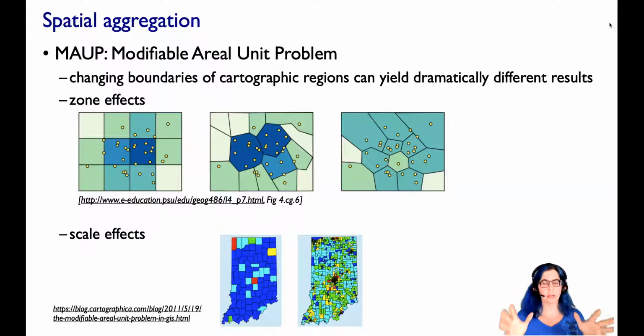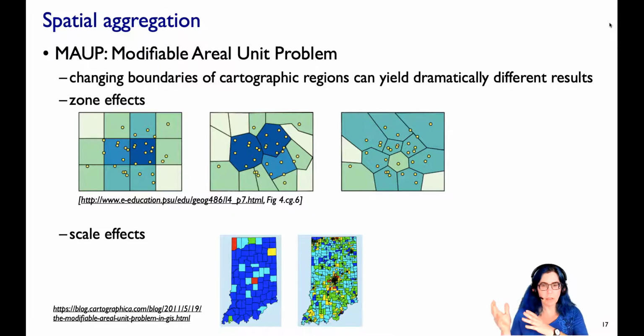And so here we've got yellow dots identically in the left, middle, and right. And we have color-coded these regions according to how many yellow dots are in them. And notice how we see wildly different pictures of what's happening. On the left, it looks like we've got a really dense region sort of on the right side of the center. And then in this middle picture, we actually see it doesn't seem to be nearly as dense there. Now we're seeing the dense regions looking like they're more on the upper left.